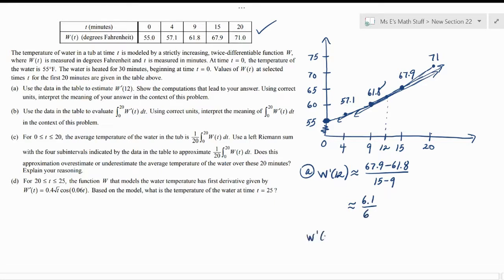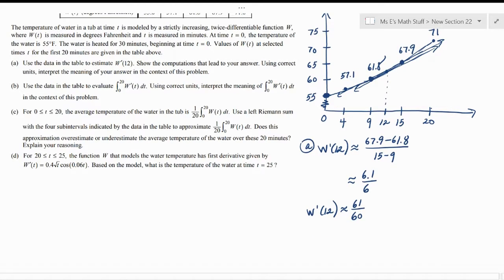Anyway, I got W prime of 12 is approximately 61 over 60, which of course is the same as 1 and 1/60th. And then I just said degrees Celsius per minute.